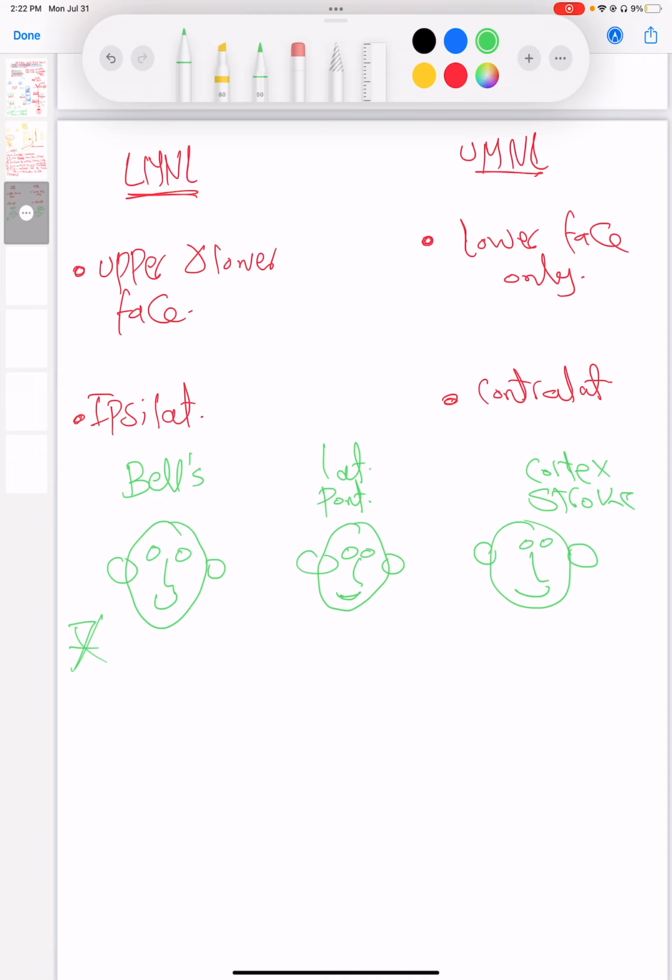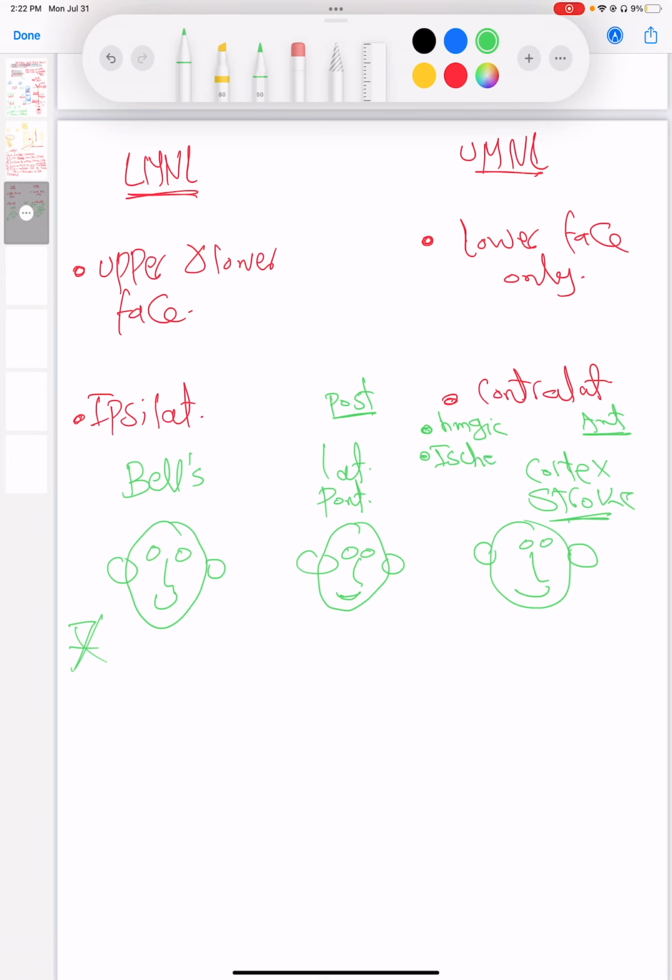Lateral pontine syndrome is a posterior circulation stroke, while cortex stroke is an anterior circulation stroke. Both of them are strokes, and they could be hemorrhagic or ischemic.